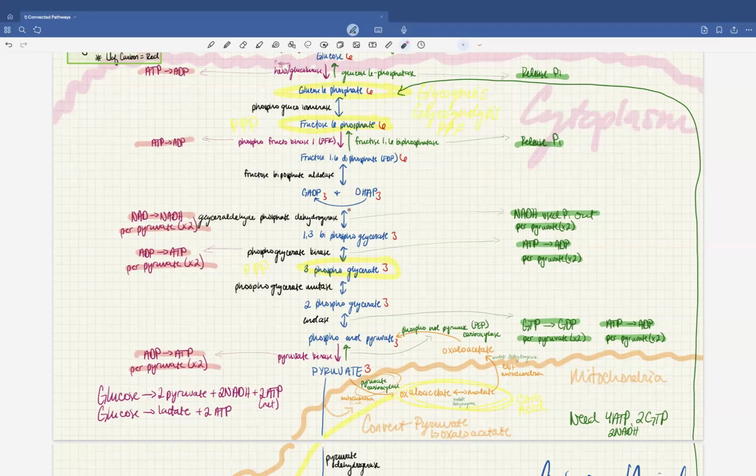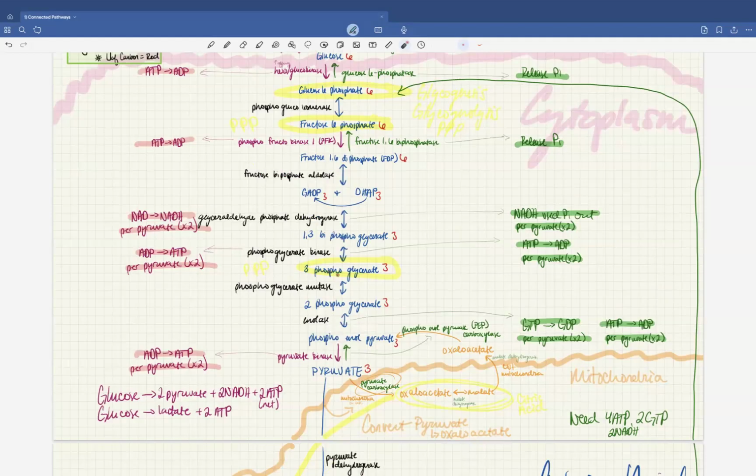Next, glyceraldehyde phosphate dehydrogenase will create 1,3-bisphosphoglycerate. Then phosphoglycerate kinase will create 3-phosphoglycerate, which will be used later in the pentose phosphate pathway. And then this step is going to generate 1 ATP per molecule, so it'll be a net amount of 2 ATP.